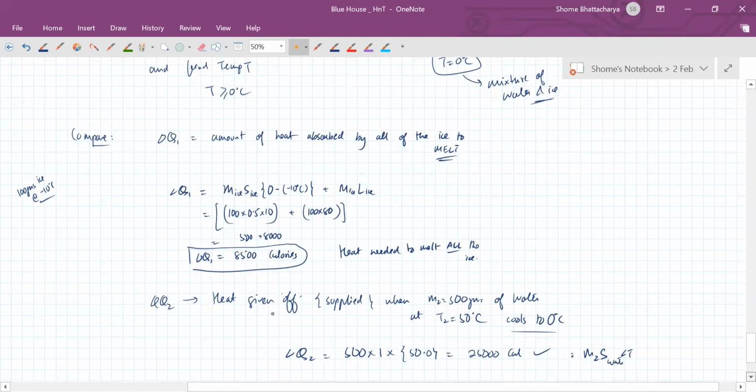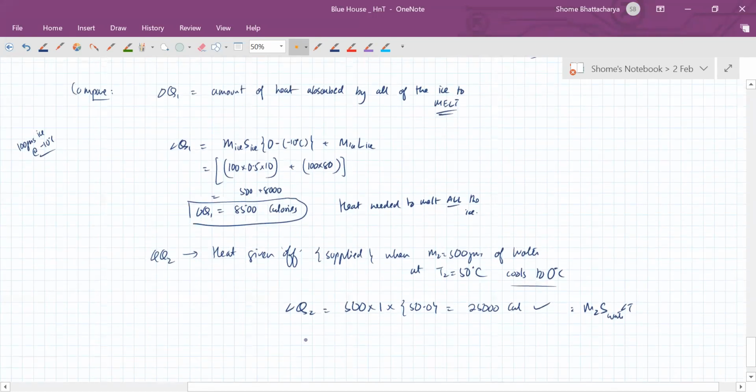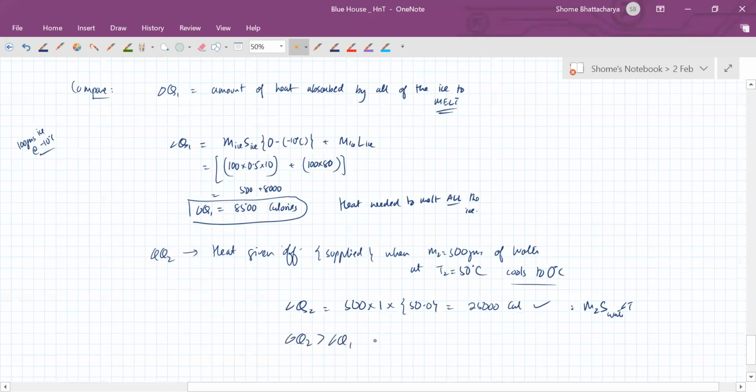So since delta Q2 is greater than delta Q1, that means 100% of ice will melt. And our final temperature will be greater than 0 degrees C.